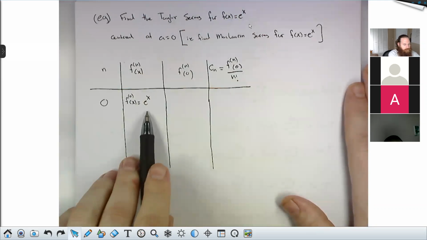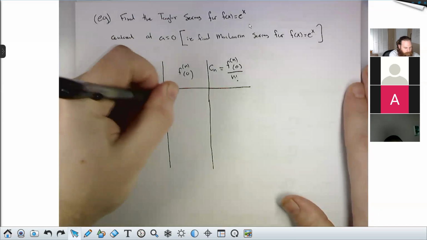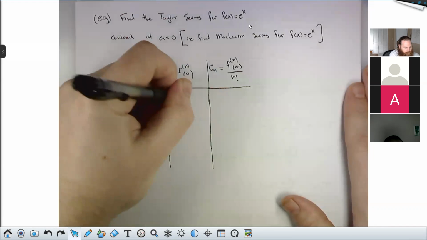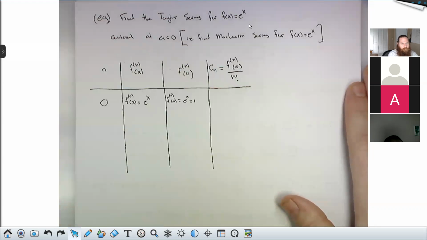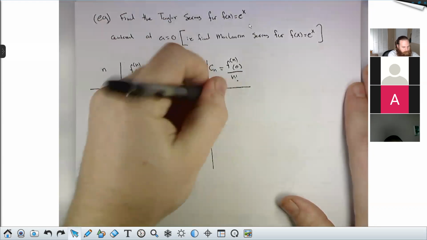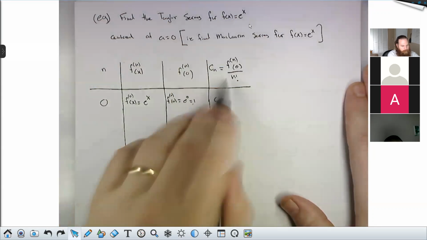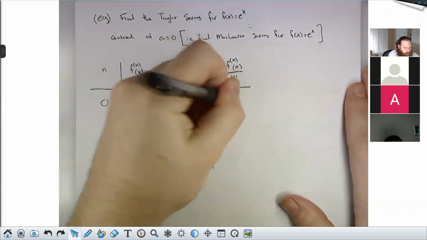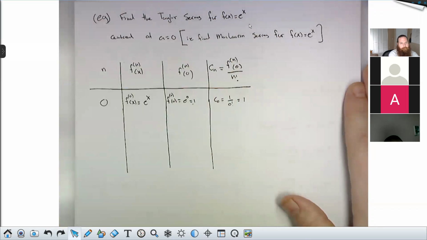Now, if I plug x equals 0 in here, f0 of 0, that's e to the 0. That's 1. Which means C0, you just take this guy and divide by n factorial. So that's 1 over 0 factorial, which, yeah, is 1.